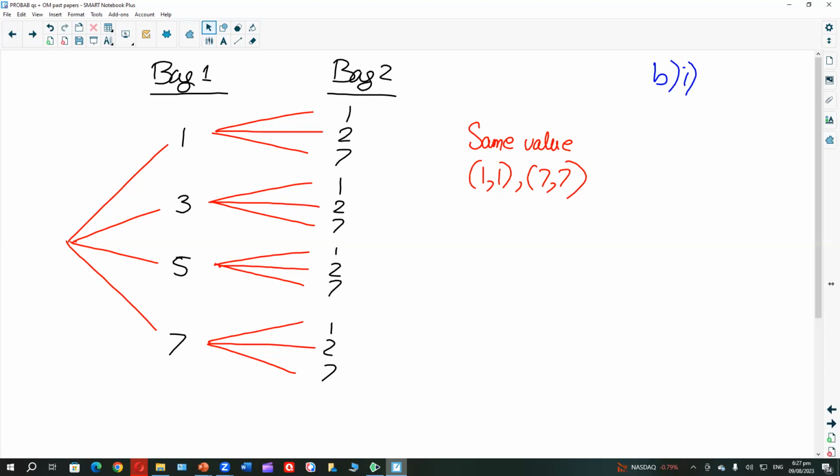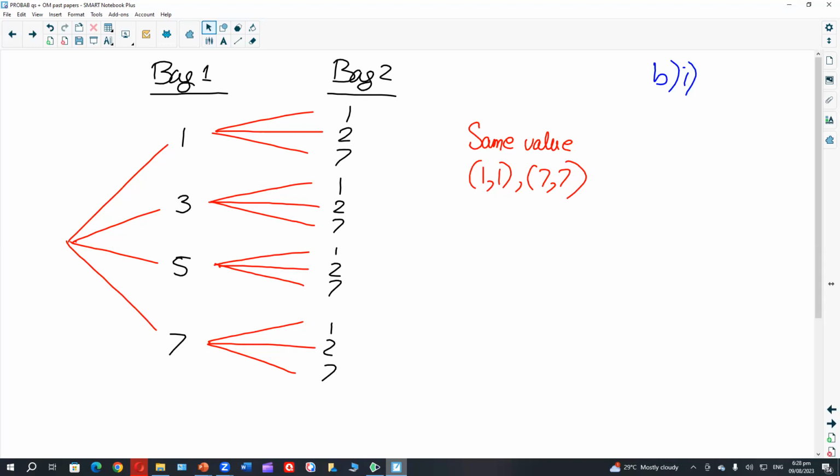How many brackets are there? How many pairs we have made? 1, 1, 7, 7. He's talking about same value. Pair means 2 numbers.